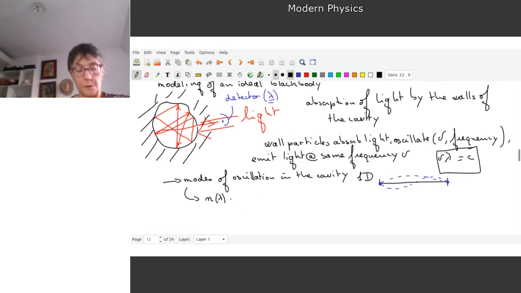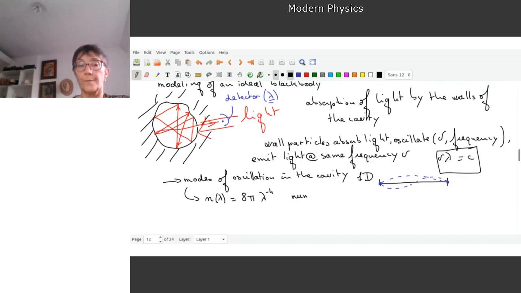n of lambda. We calculated that n of lambda was 8 pi, I can write it, find the demonstration, and this is a function of lambda to the power minus 4. So you have the number. What is this?